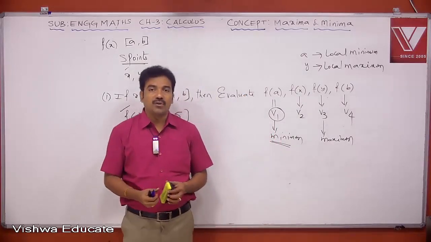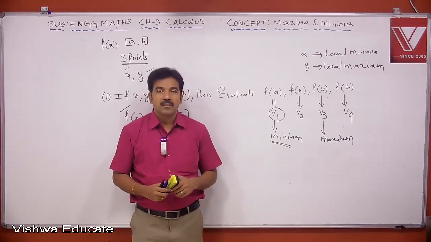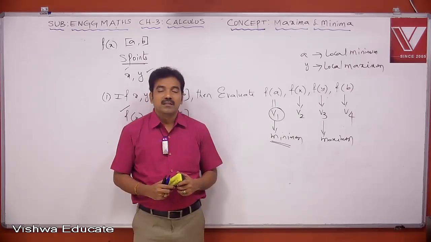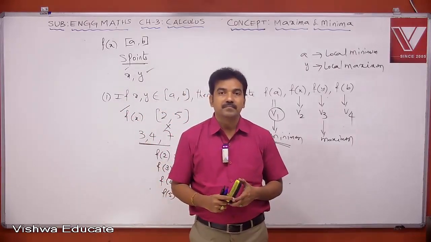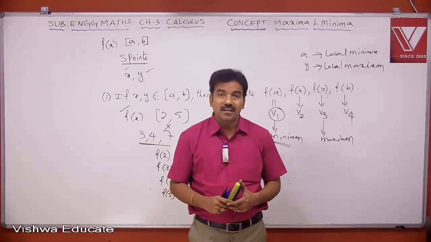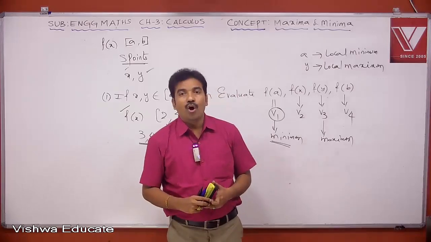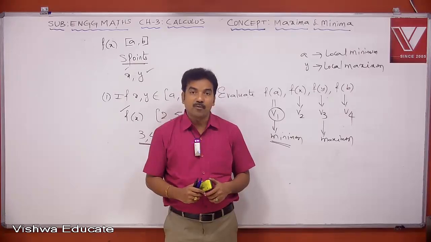The maximum and minimum values of functions of single variable in closed interval a comma b occur either at endpoints or stationary points of an interval only.